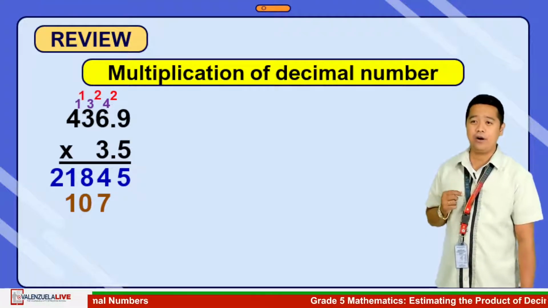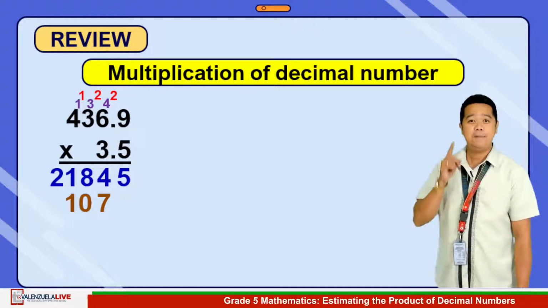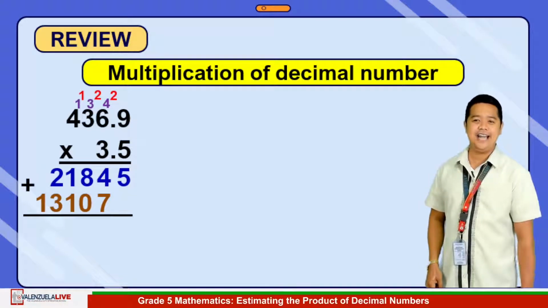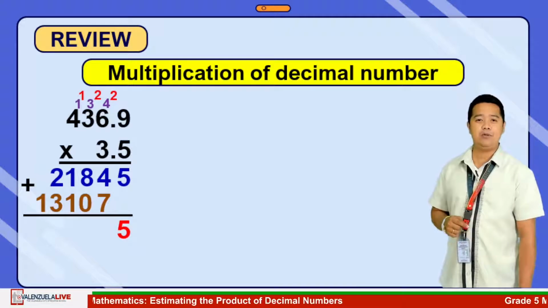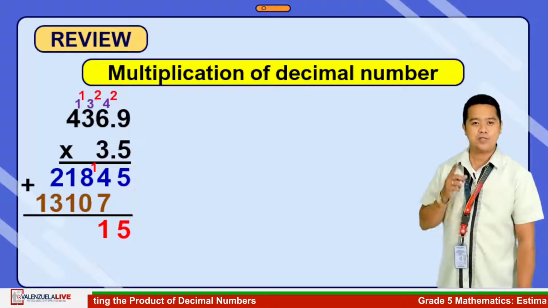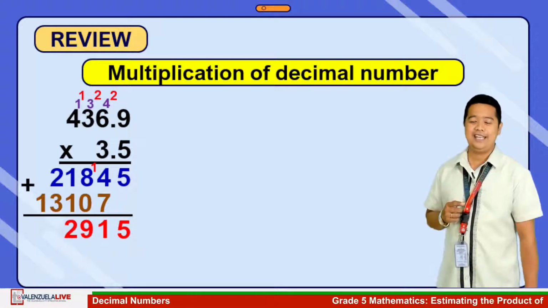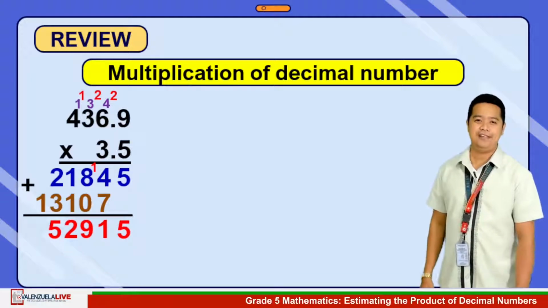And 3 times 4 is equal to, very nice, 12, plus 1, it is equal to 13. And then add, bring down 5. 4 plus 7 is equal to 11. And then 8 plus 0 plus 1 is equal to 9. 1 plus 1, 4 equals to 2. 2 plus 3 is equal to 5.